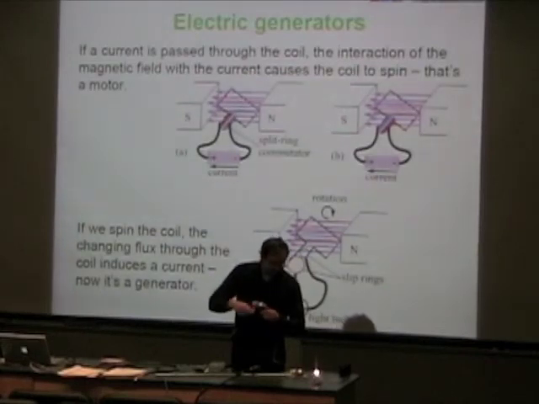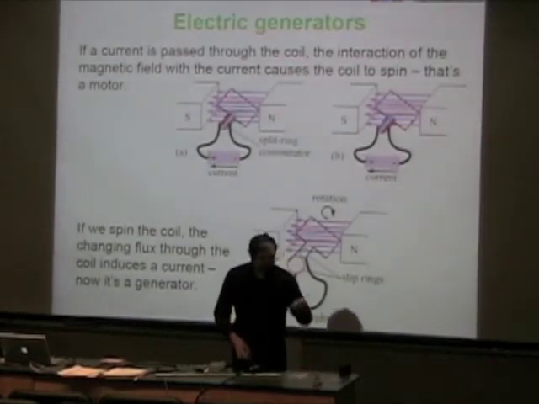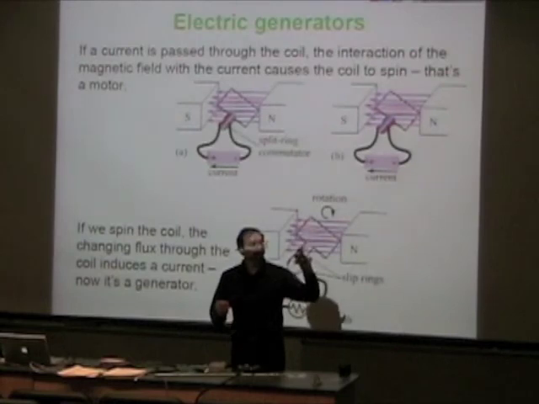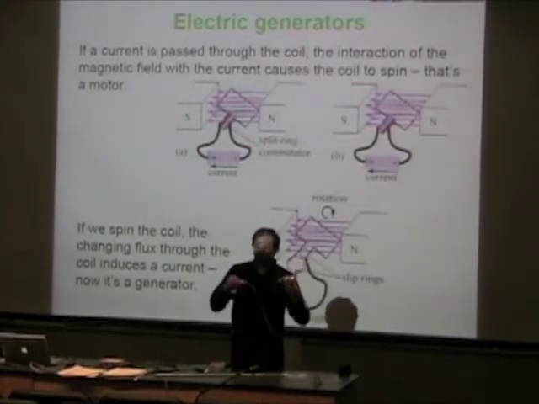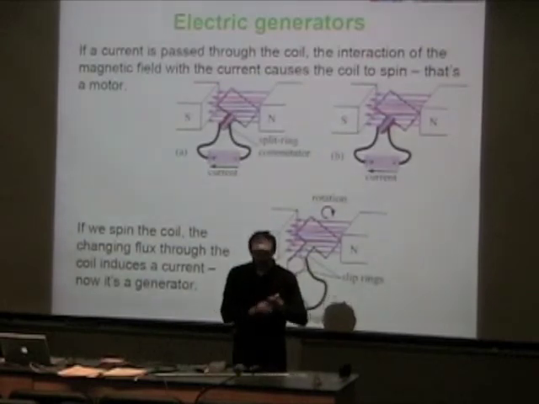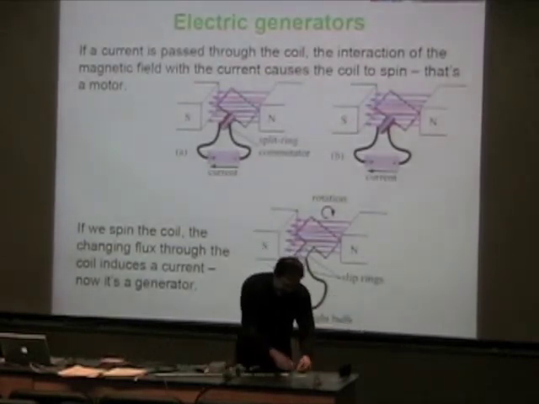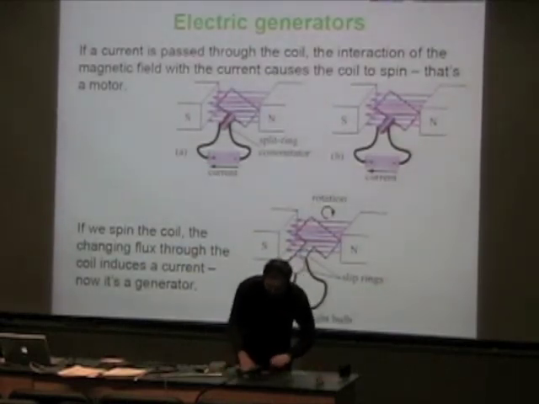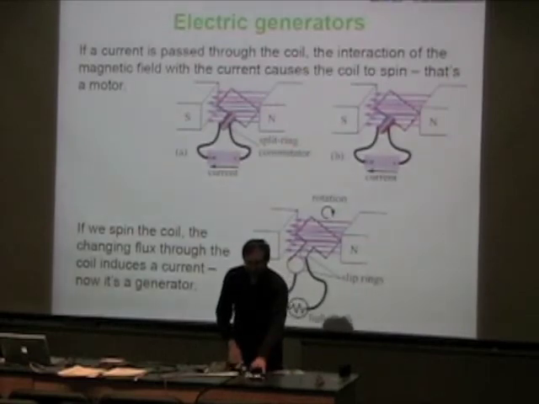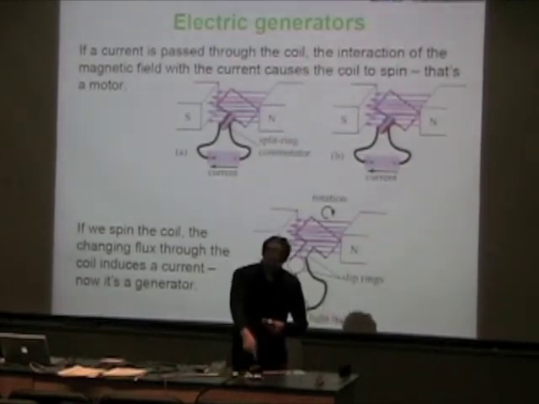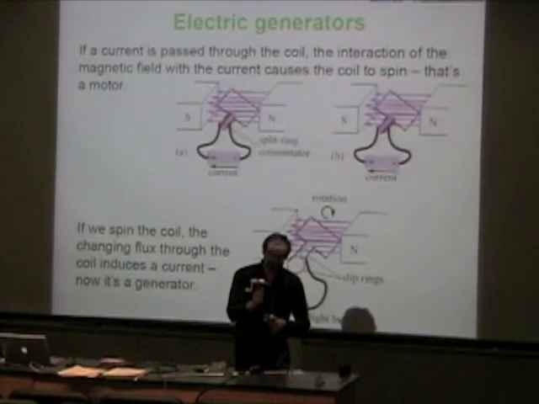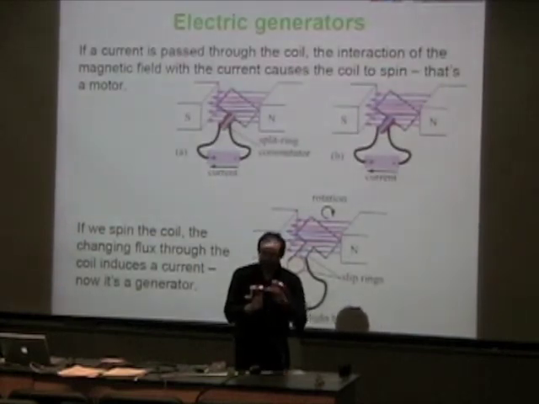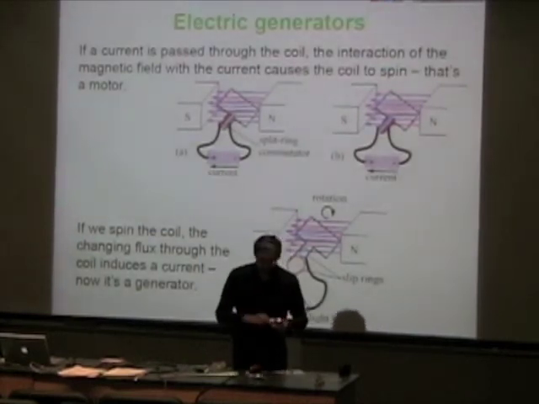Well, what do you think this is? A generator or a motor? Well, it looks like this, so probably it's a generator. However, there is basically no difference between a motor and a generator. Instead of using this as a generator, I can apply a potential difference to this one.